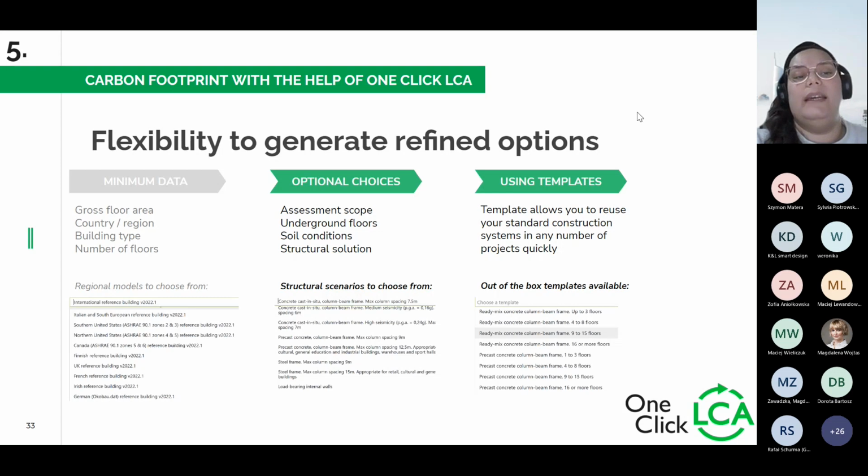So after we input the minimum data, we will also see other optional choices. We will define the assessment scope. What are the parts of the building that would be included in the assessment? We will also input if there would be any underground floors that can be heated or unheated.